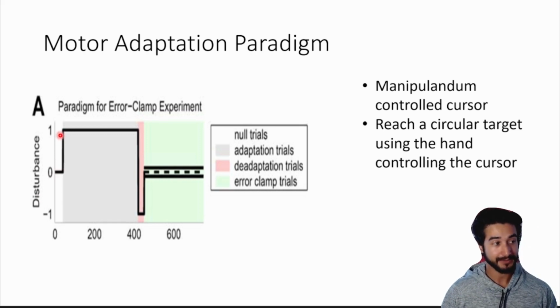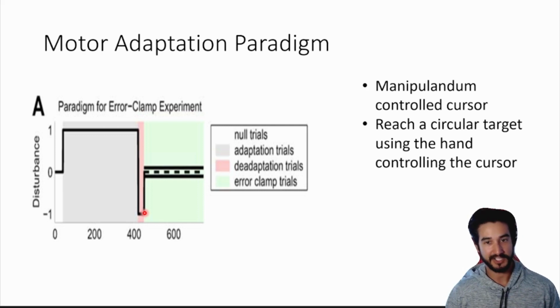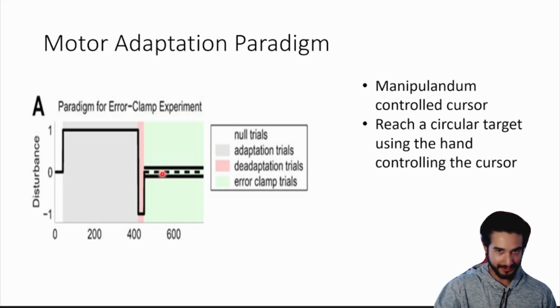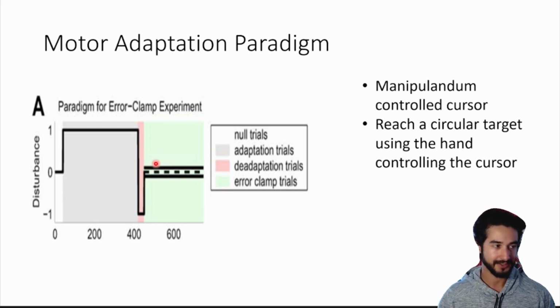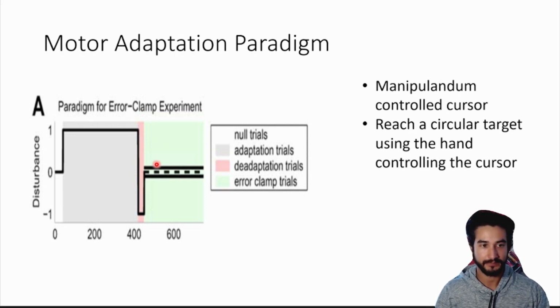And there's the adaptation trials where there's a force applied, and so they adapt to it. And there's the de-adaptation trials where the opposite force is applied, and this is to wash out learning. And then the error clamp trials where the machine just automatically goes to the target that they're supposed to reach. And any adaptation left over is called savings, and so this is leftover learning.